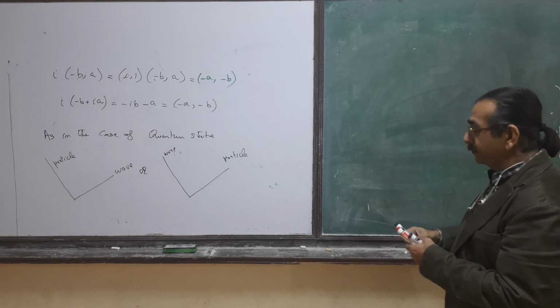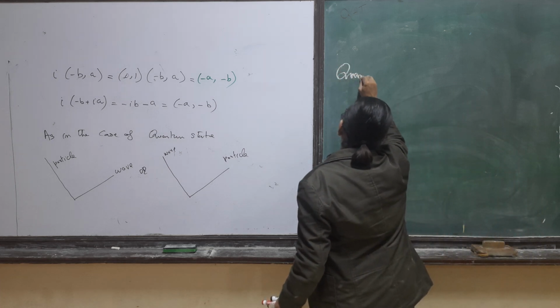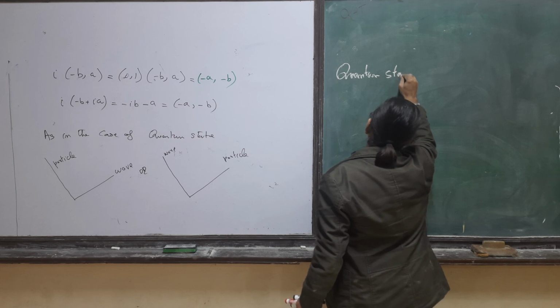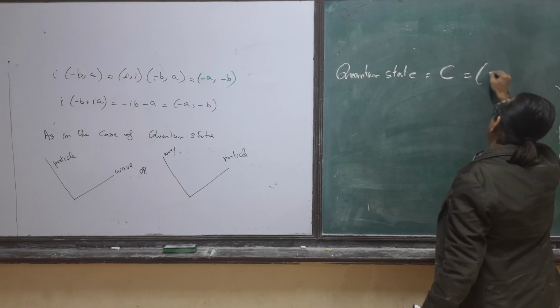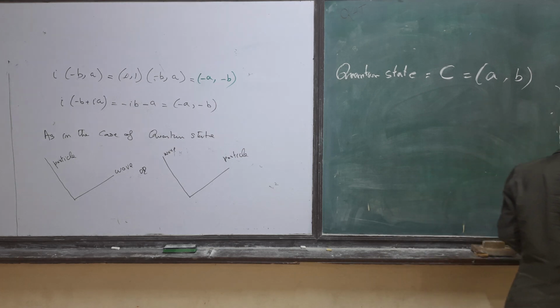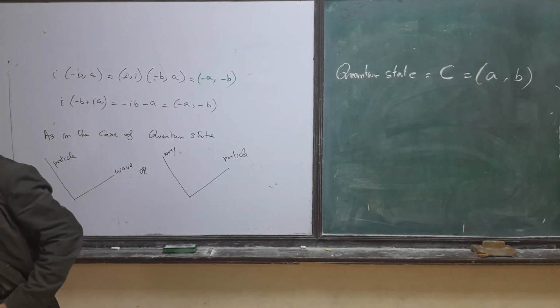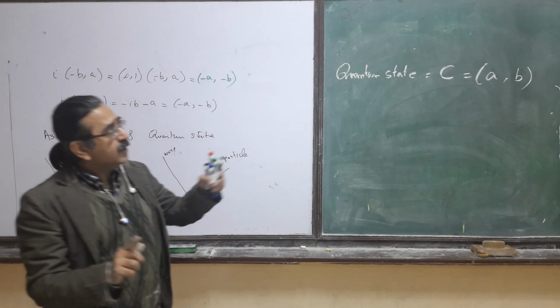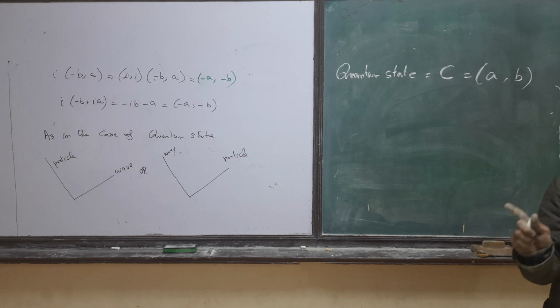So the quantum state is actually the state of two, A and B. I don't know whether A is the wave or B. We can't distinguish, because as we stated for complex numbers, A can be replaced with the other.